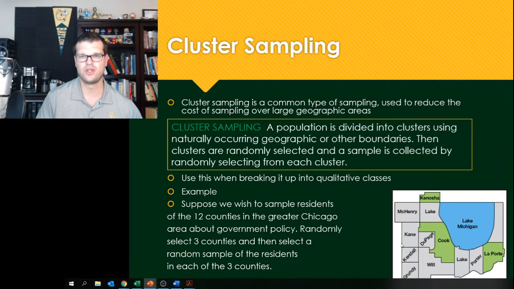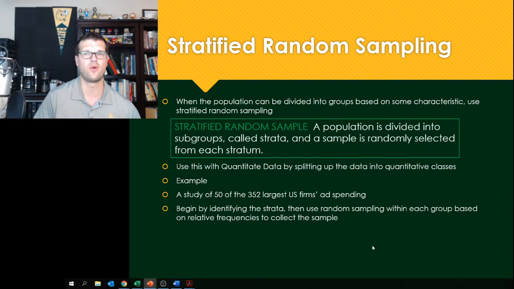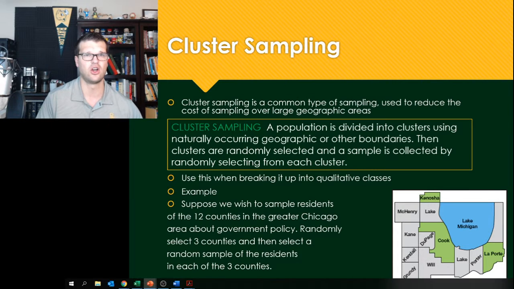So when you've got clusters, qualitative groups already broken up, then you take your sample, you take a certain selection from each group.